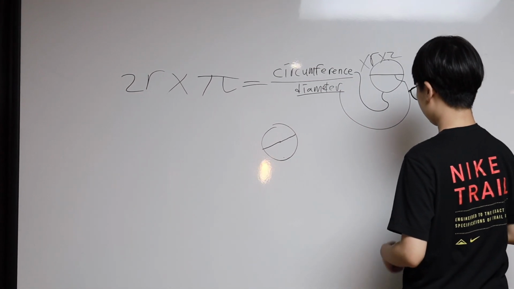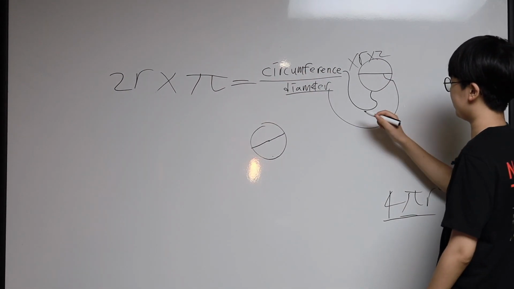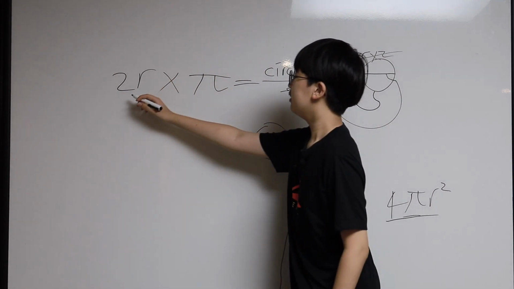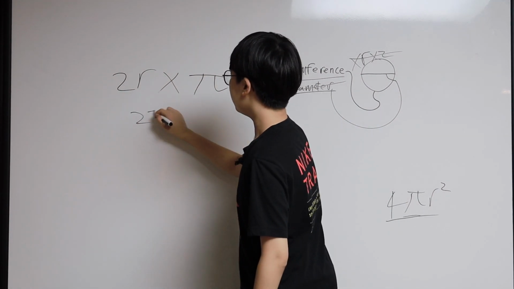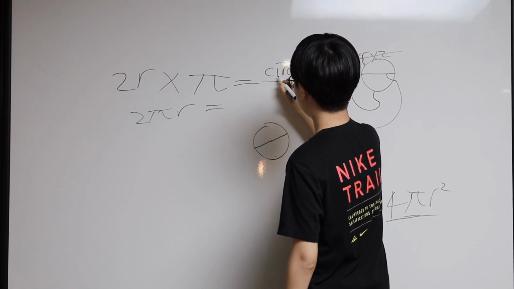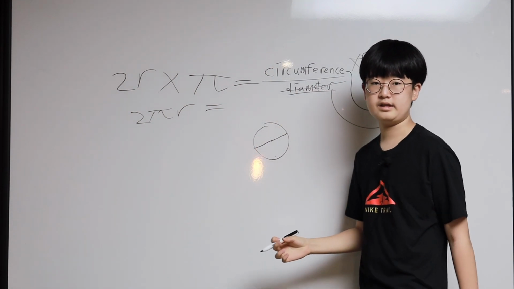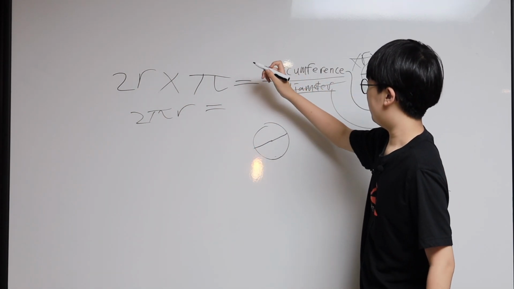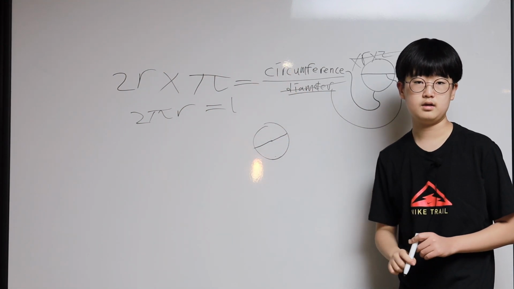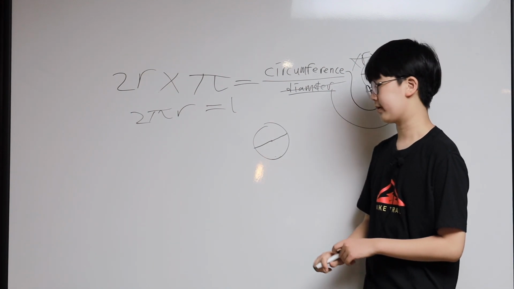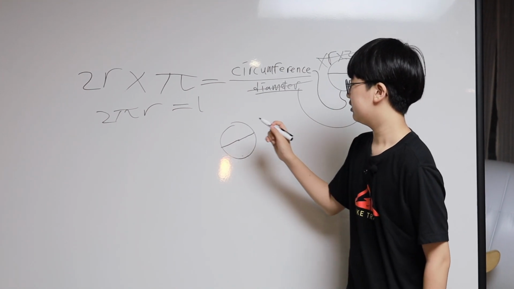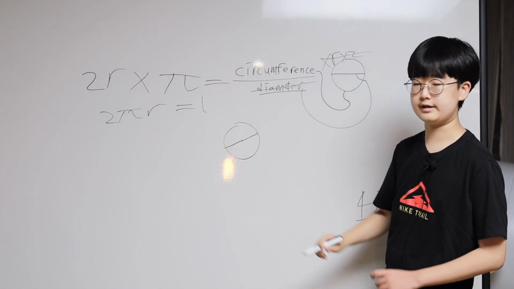So that makes 2 pi r equal the circumference, which is often written L. Sometimes we're going to call it L in this video. So 2 pi r equals the circumference.